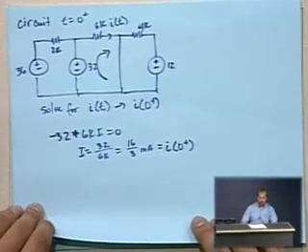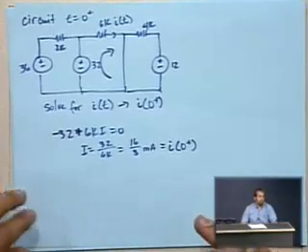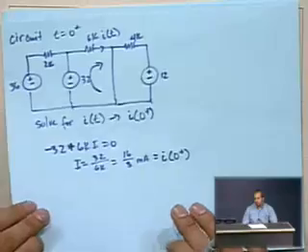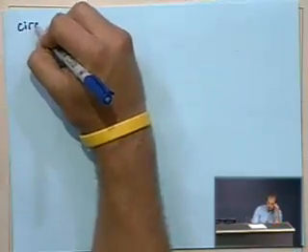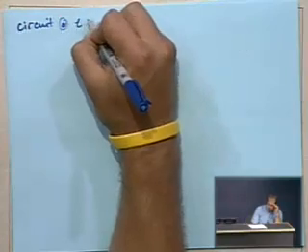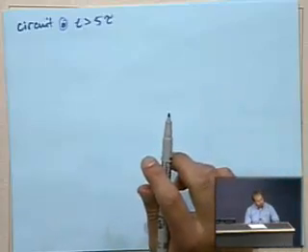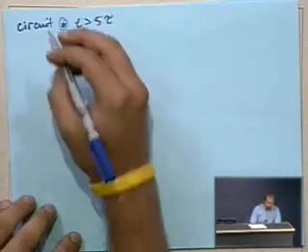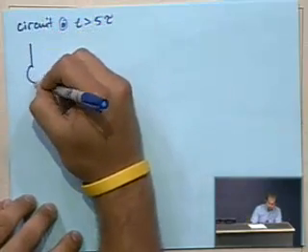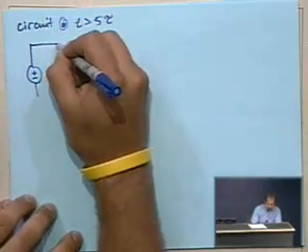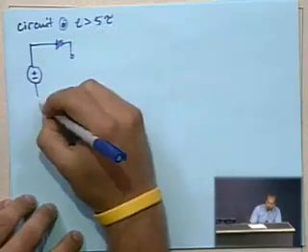So now we draw the circuit at time equals infinity. Technically, it's really just draw the circuit at time greater than 5 time constants. For all intents and purposes, 5 tau is infinity because the circuit will behave the same from 5 tau until something changes the configuration of the circuit. So what does that circuit look like? Well, we've got the 36 volt source, the resistor, and we've got the capacitor open circuited again.